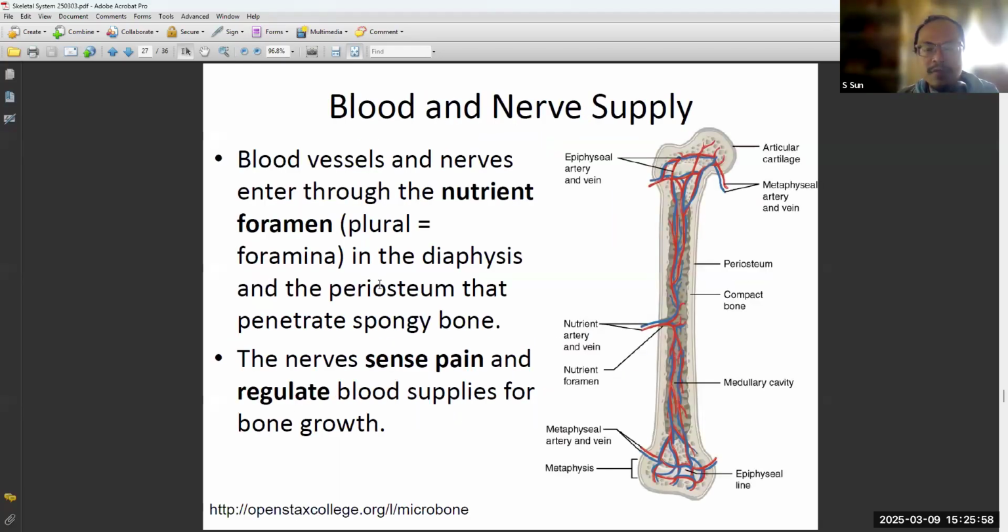When we have this bone, one thing we also need to know is that bone is very vascularized, meaning that it has abundant blood supply to the tissue.